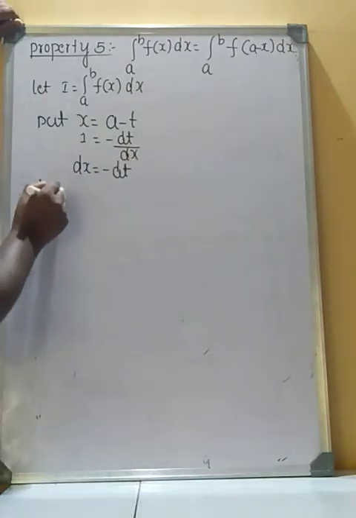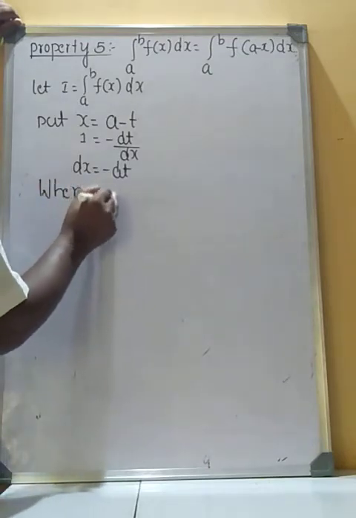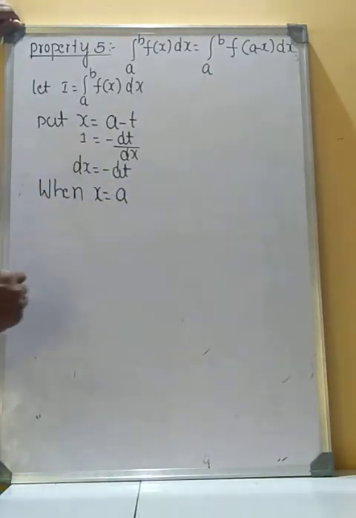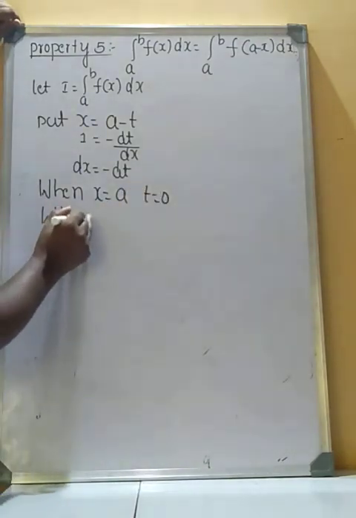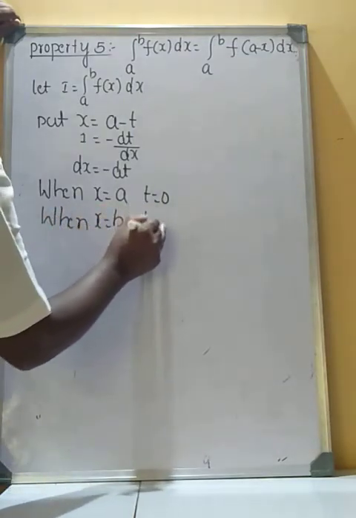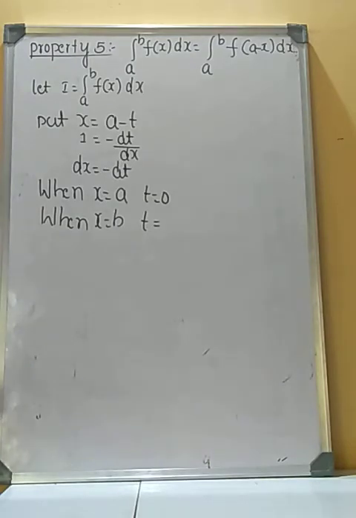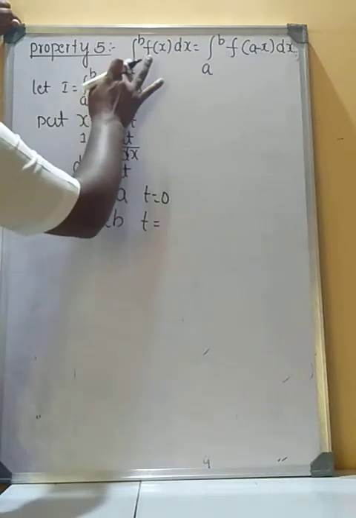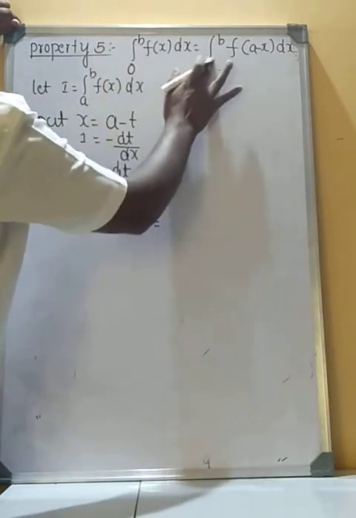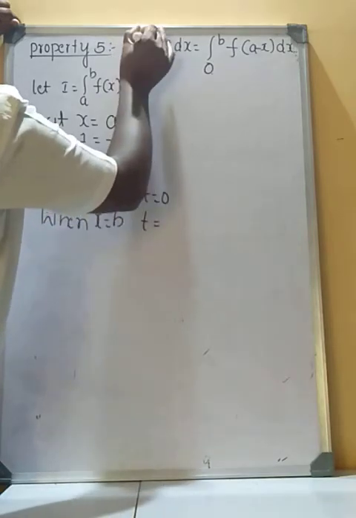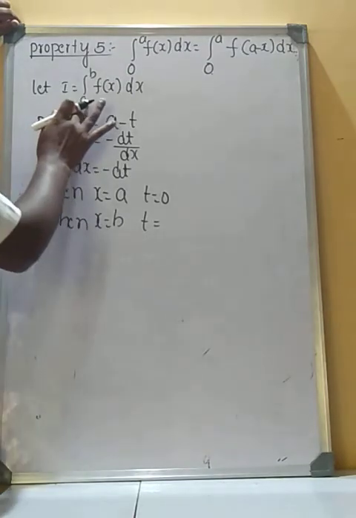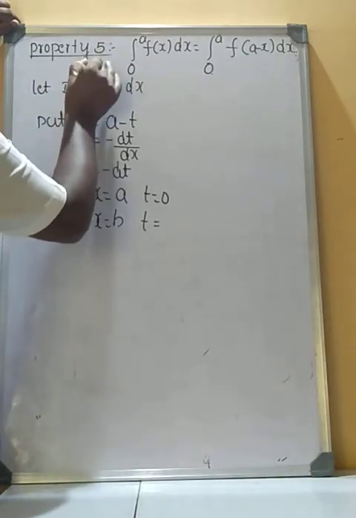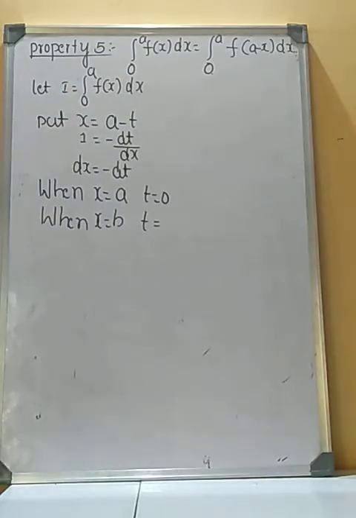When x is equal to a, t equal to 0. When x is equal to b, the limits are 0 to a, right.